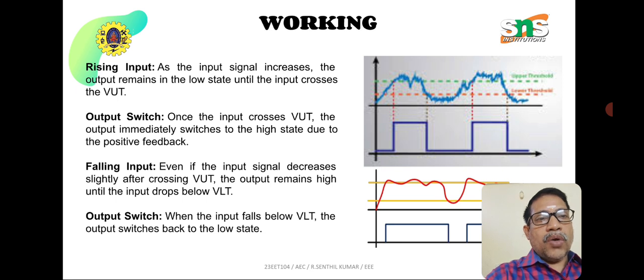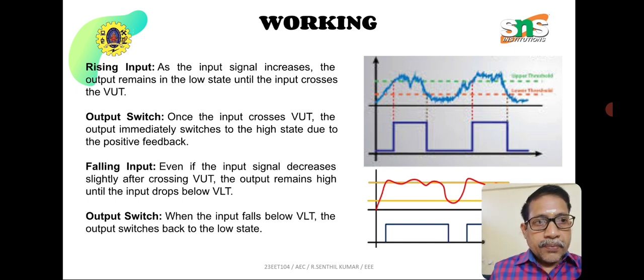The duration of the high level is such that the input signal goes from the upper threshold down to the lower threshold, and the difference between the upper threshold and the lower threshold value may be the on state, and similarly the difference between the lower threshold to the upper threshold may be the off state. So it is clearly shown: the input waveform is the analog signal at the top, and the output waveform at the bottom is in violet color.